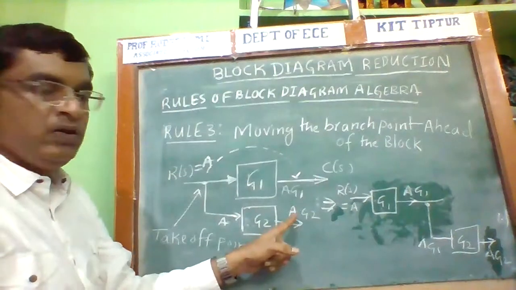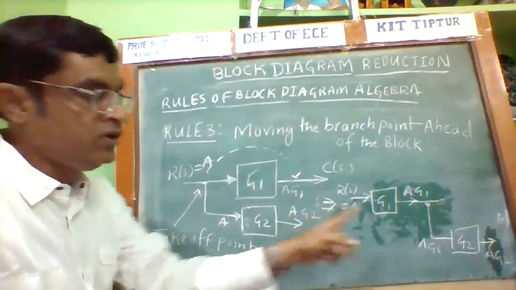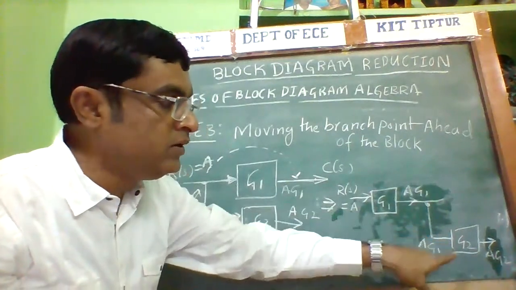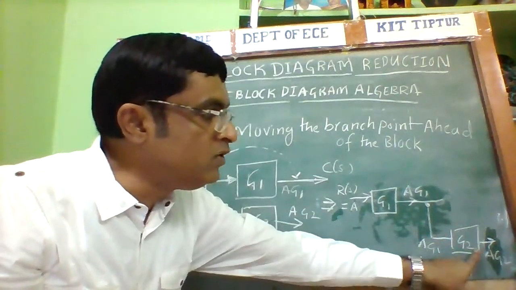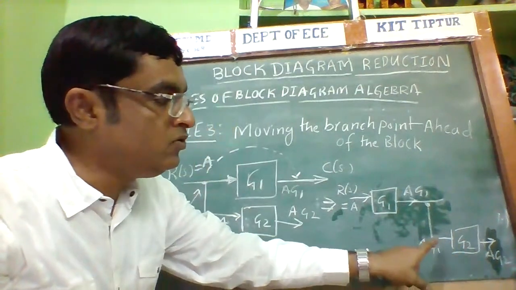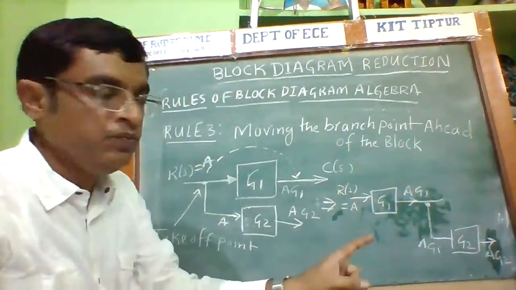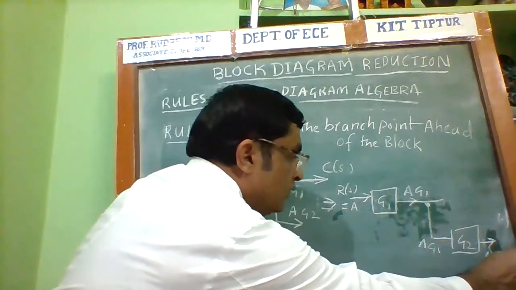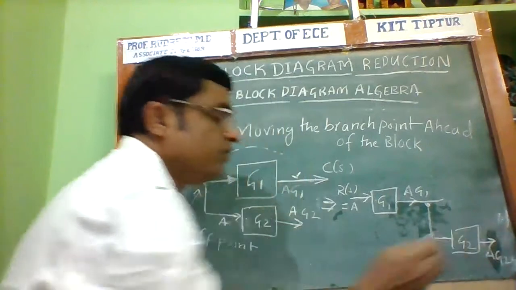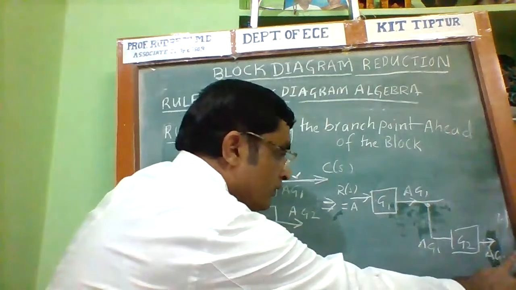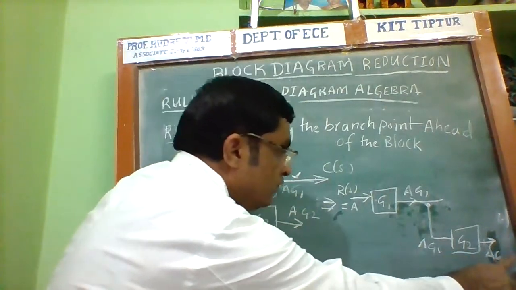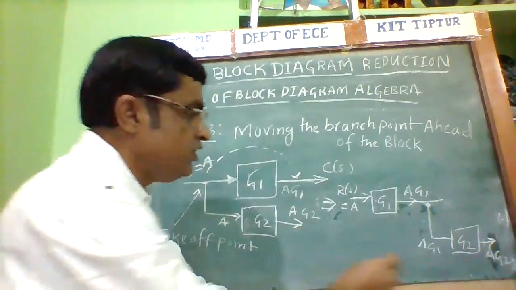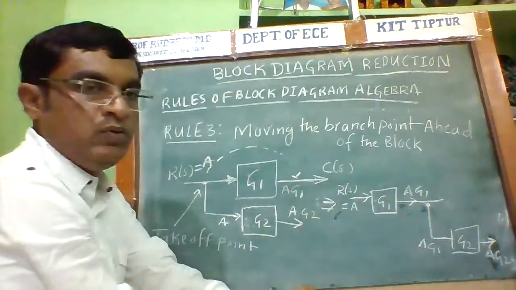We get A into G1 into G2. But here we are having A into G2 only, which we should expect. If I input A into G1, then the output of the G2 block goes to A into G1 into G2, but I should get A into G2 only.